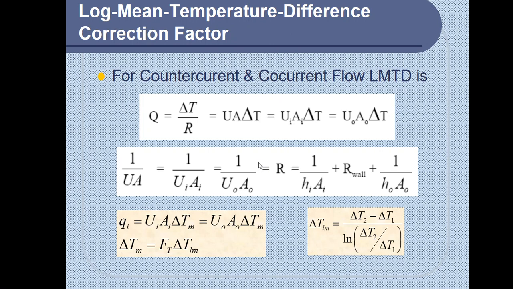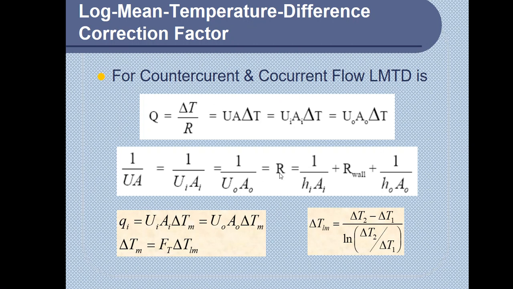Now, this R, I'd like to emphasize this R. If we have a case of convective heat transfer and conductive heat transfer, if you recall in your momentum transfer, all the resistances will be accounted for.